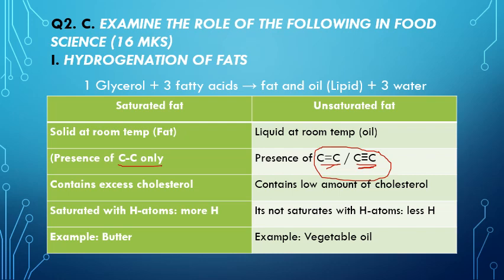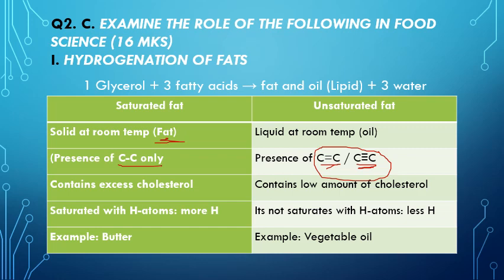They become more solid than liquid. We are going to see that in the next slide. But for now, let's just finish with this part. Then again, saturated fats contain excess cholesterol, unlike unsaturated fats, which contain low amounts of cholesterol.